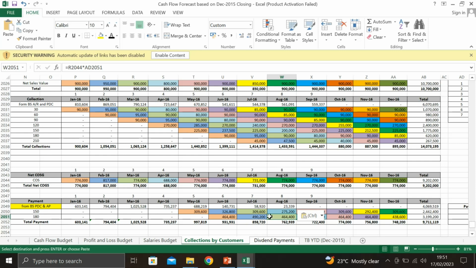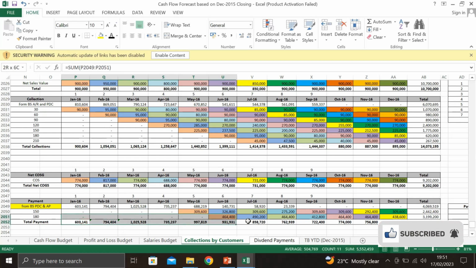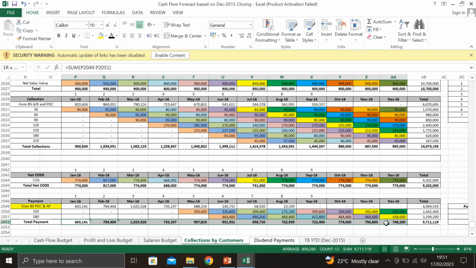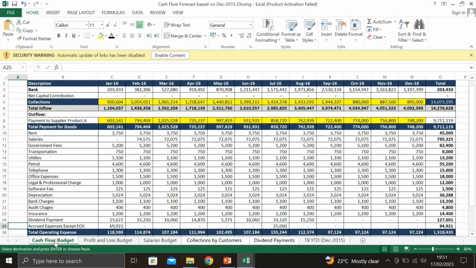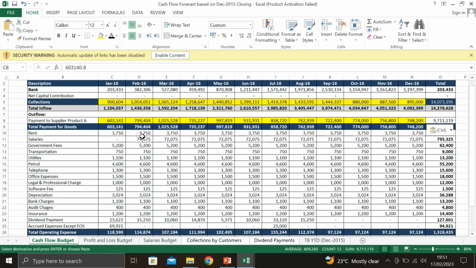So when you do all this process, you will make the formula total here. Then this total you will copy and bring to your cash flow budget sheet. Here you will do paste special values.